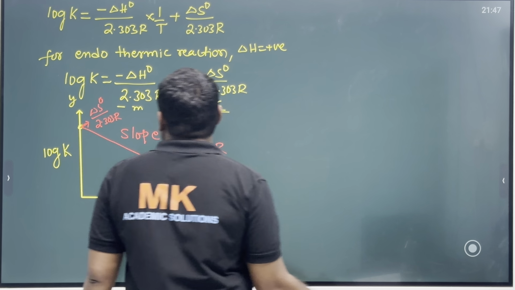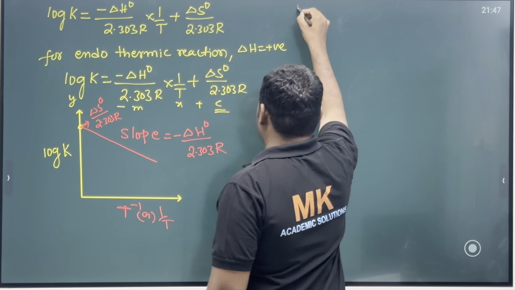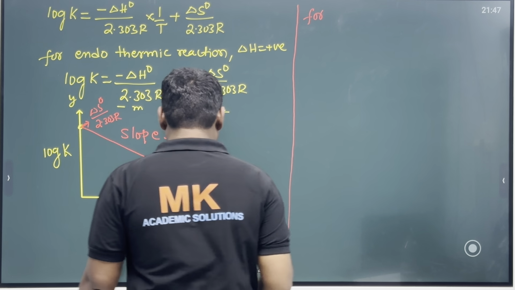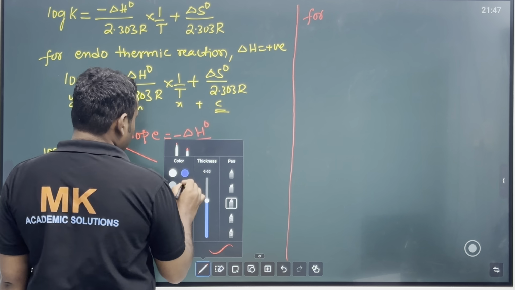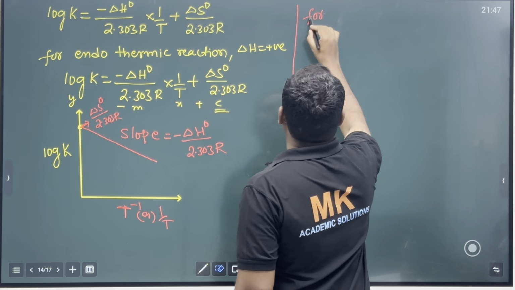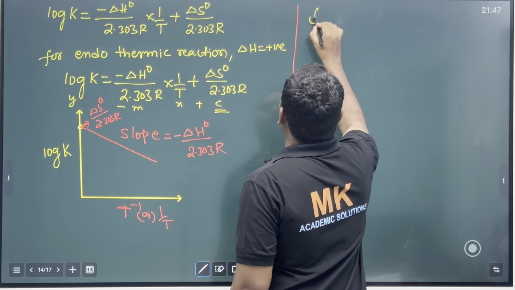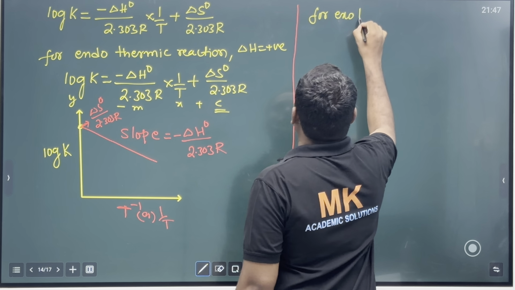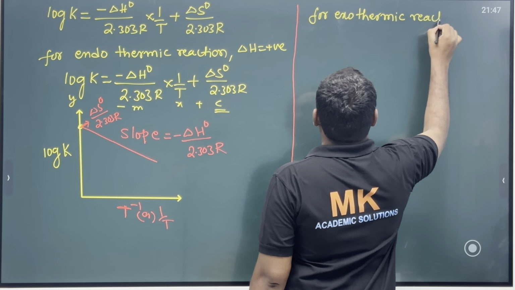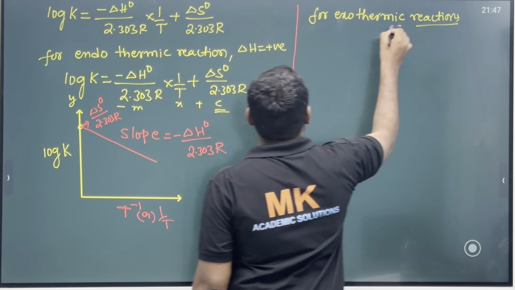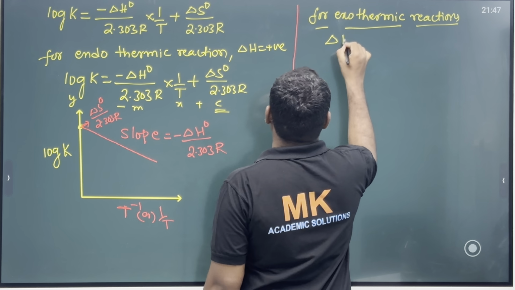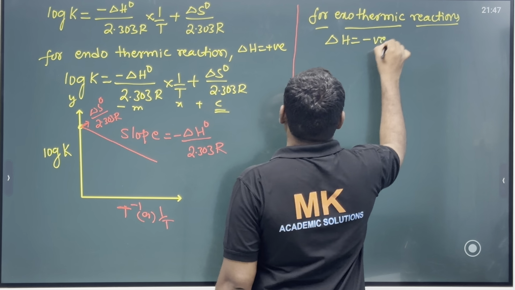Next, for exothermic reactions. For exothermic means, children, here delta H is negative.